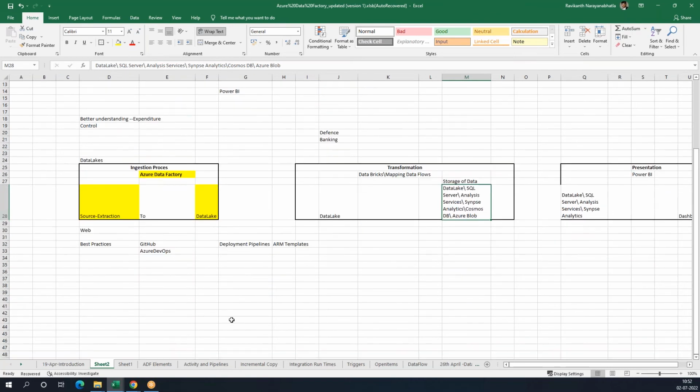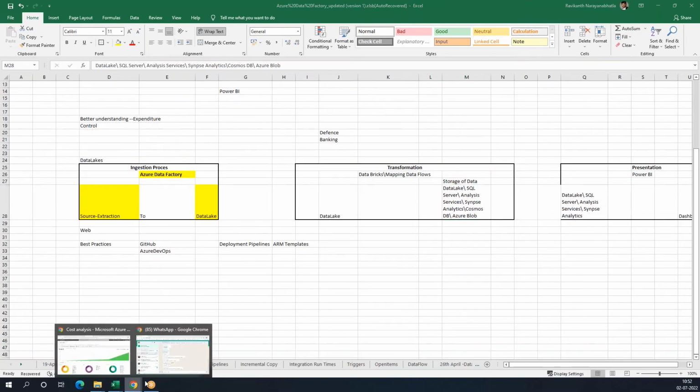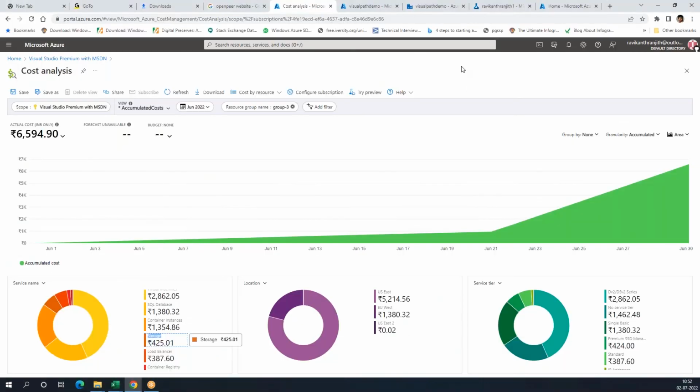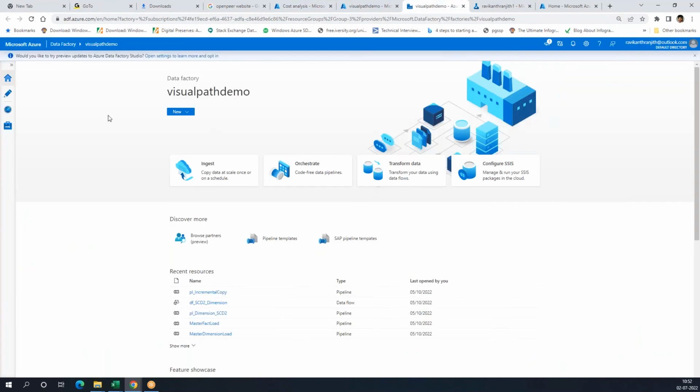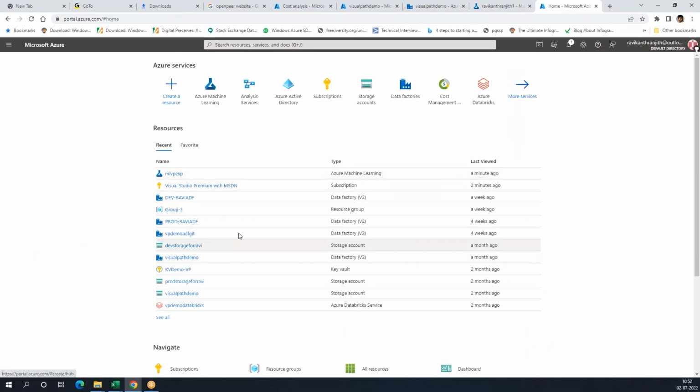Okay, so now let me quickly show you some of the resources that I'm talking about. So this is my Azure portal. Whenever you try to create your own portal or your own subscription, Azure offers a $200 credit when you initially sign up.